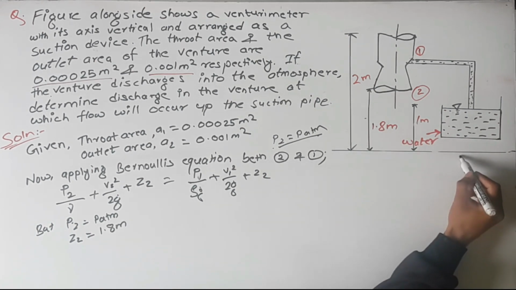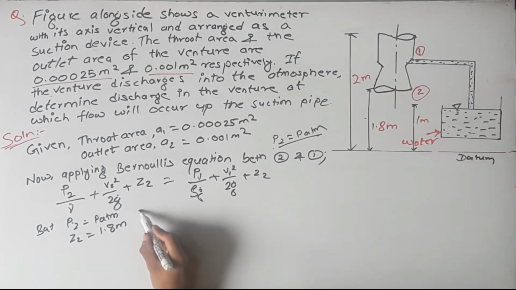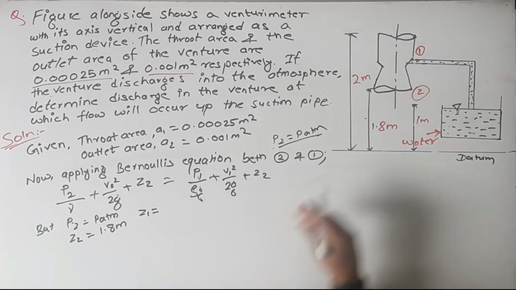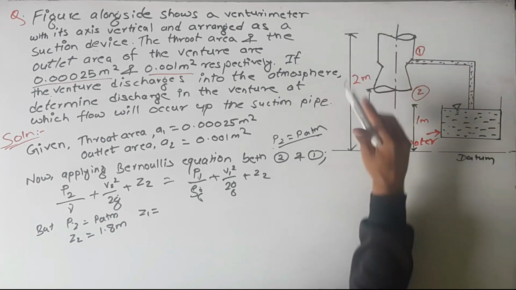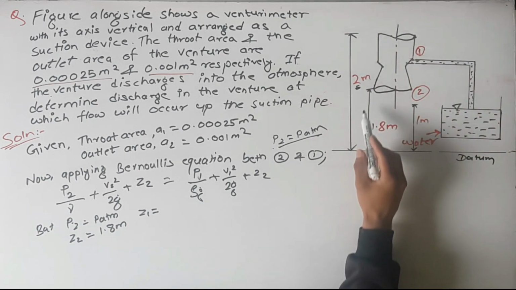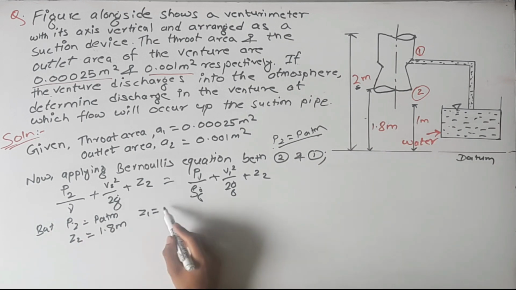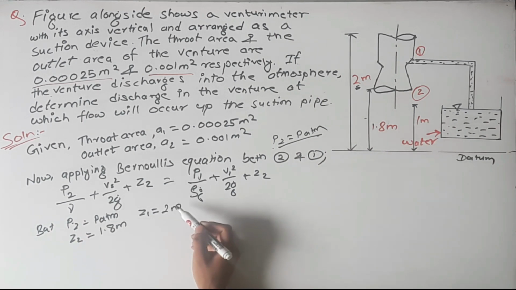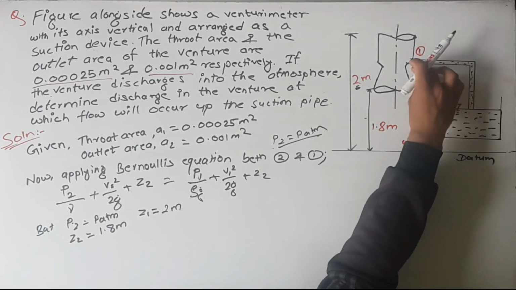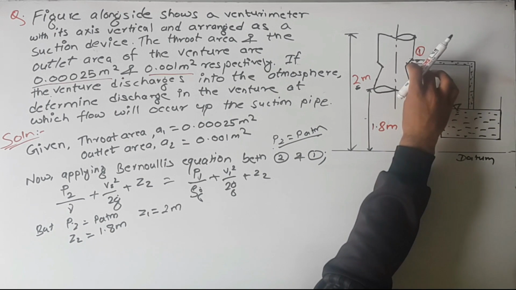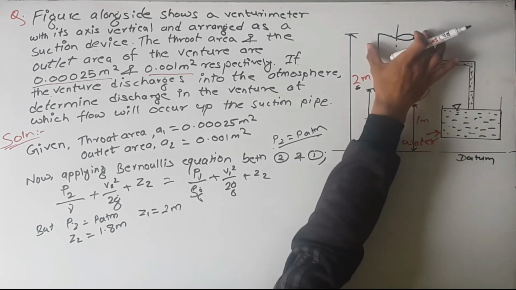This is the datum line, and Z1 is this throat. We can take this whole height. Throat height is 2 meter given in the question, so we can put here Z1 is 2 meter.